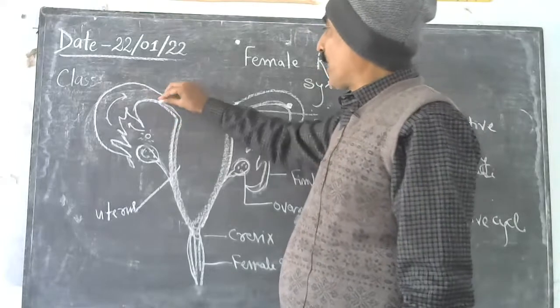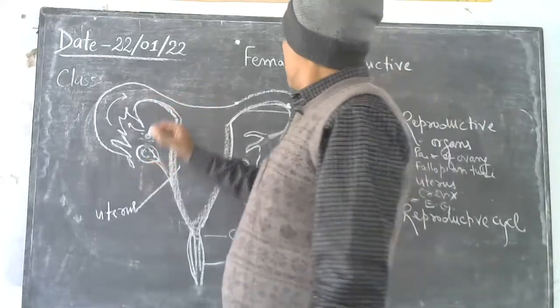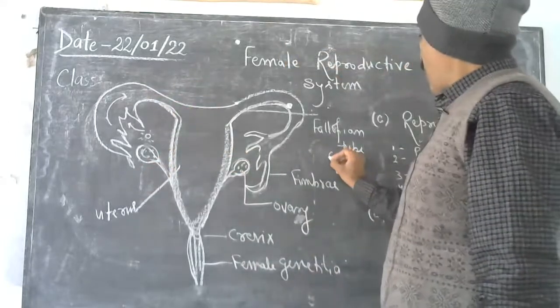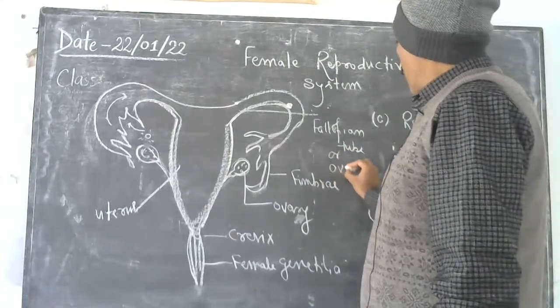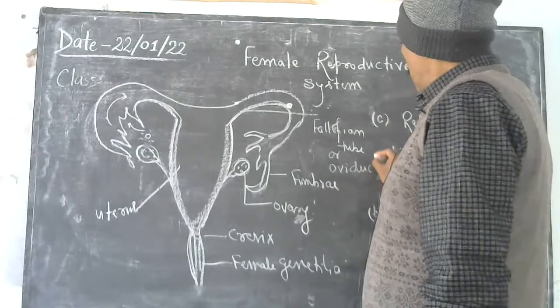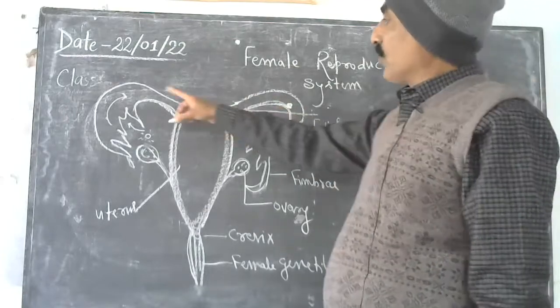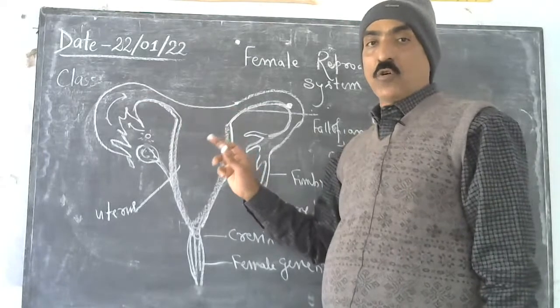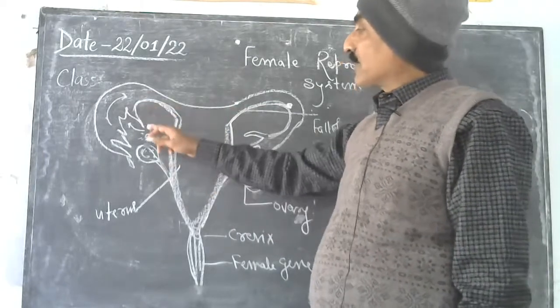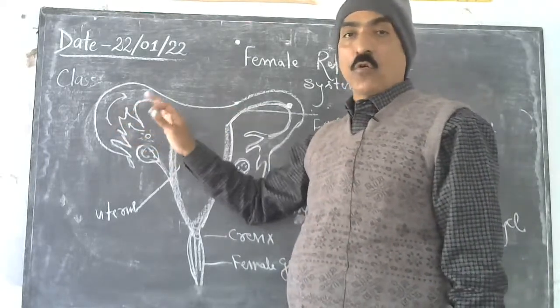The fallopian tube is known by two names, fallopian tube or oviduct. The duct that carries the ovum is called the oviduct.